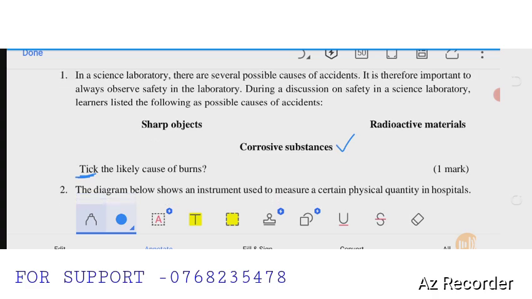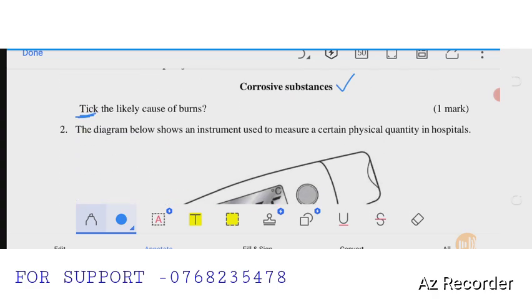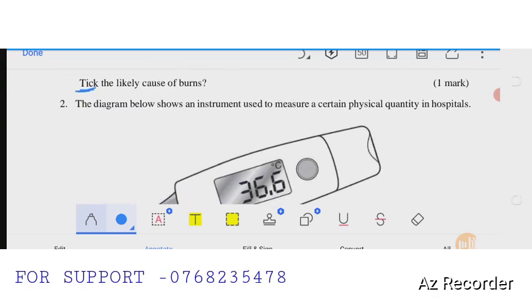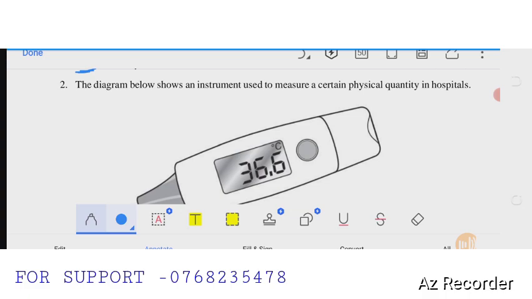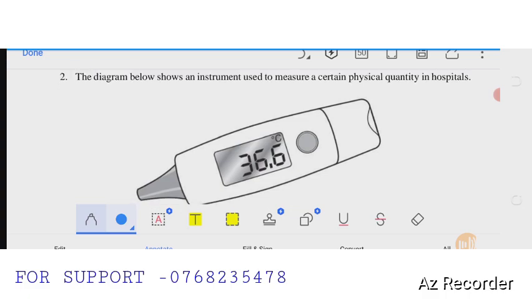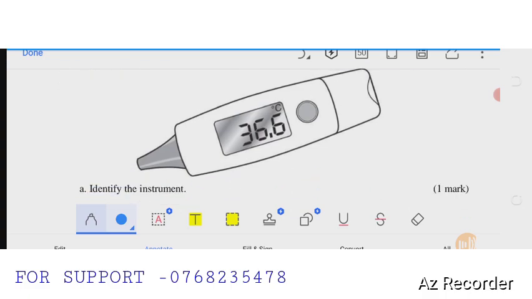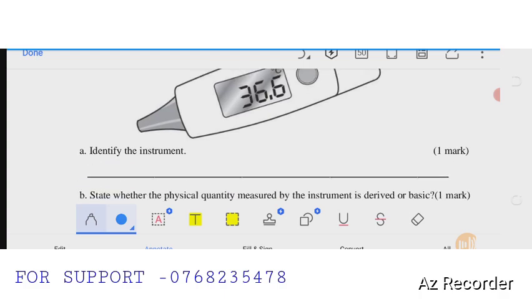So the next question, the diagram below shows an instrument used to measure a certain laboratory quantity in hospitals. So that's an instrument. It's written on it that 6.6 degrees Celsius. So identify the instrument.